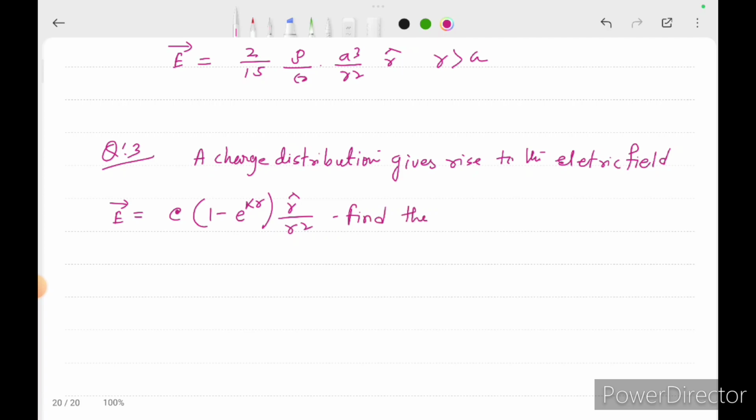So find the net charge contained within a radius r equals 1 by alpha.